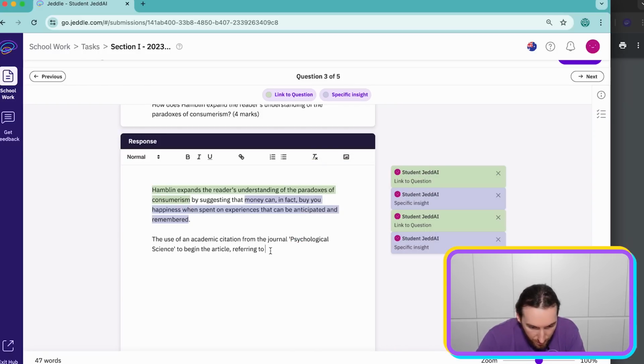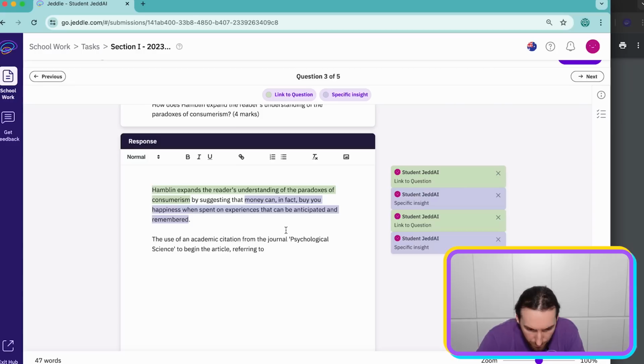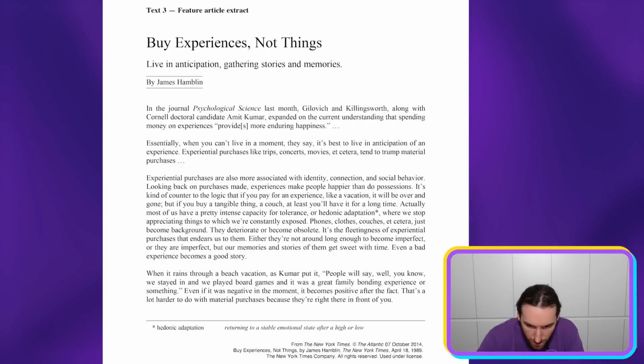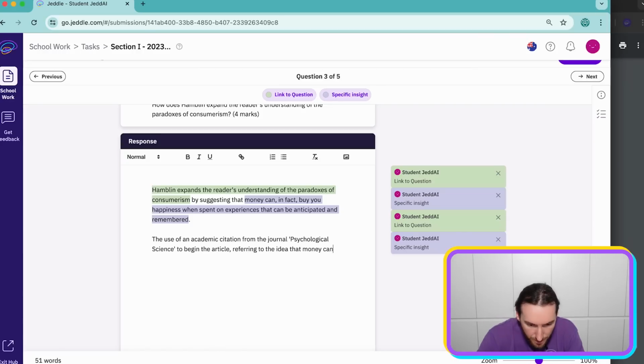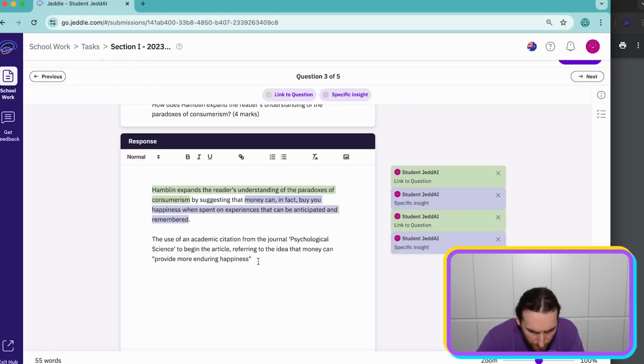Okay, to begin the article, referring to the idea that money can provide more enduring happiness. I'm just quoting this bit here. Provide more when spent on experiences.